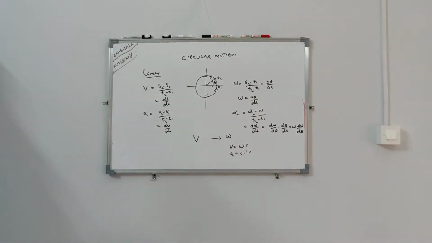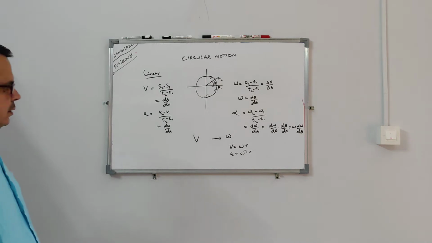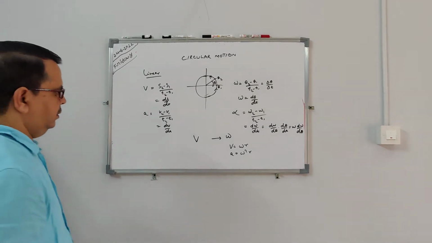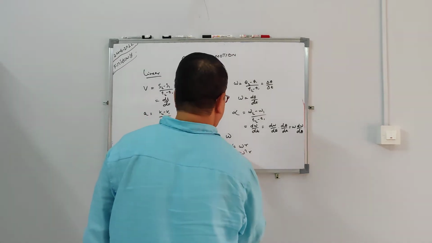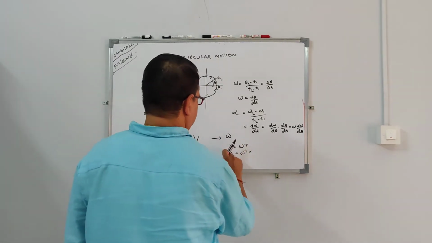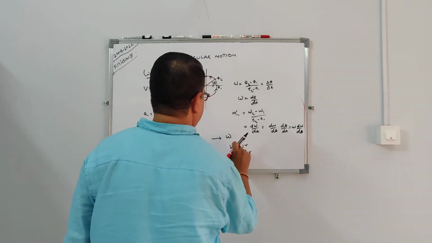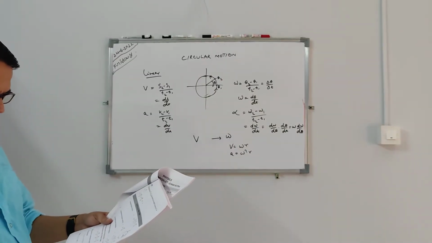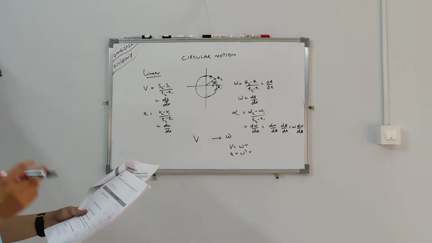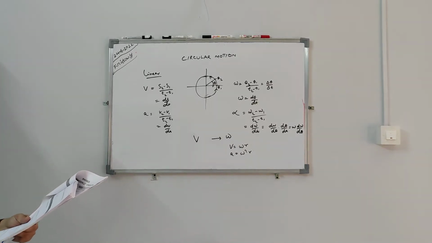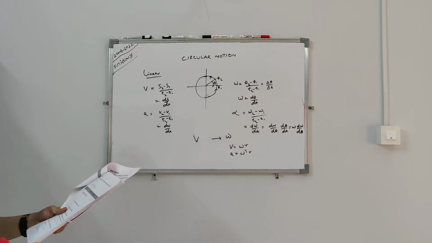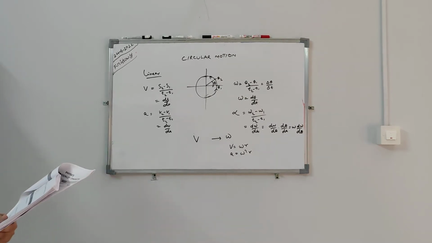So this is the relationship between the linear velocity and the angular velocity: v is equal to r omega, a is equal to r omega square.